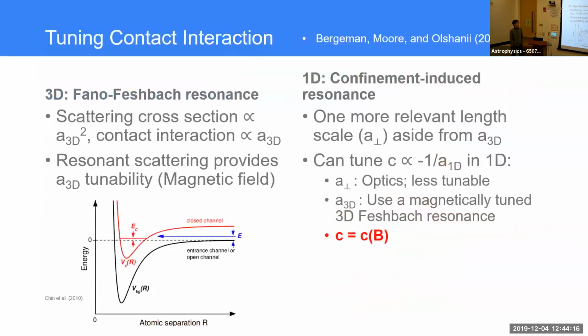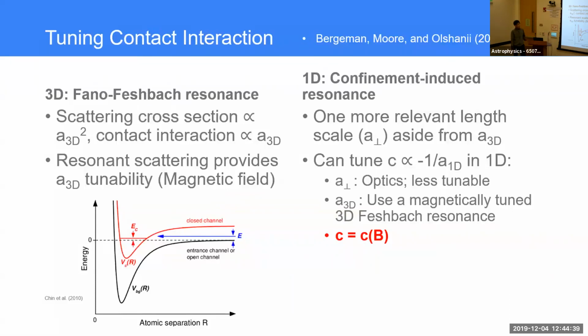Now, how do we tune contact interaction? In cold atoms in 3D, a well-known technique is by using the Fano-Feshbach resonance. Simply put, we know that the scattering cross-section is proportional to the 3D scattering length, A3D, squared, and the contact interaction is also proportional to A3D.